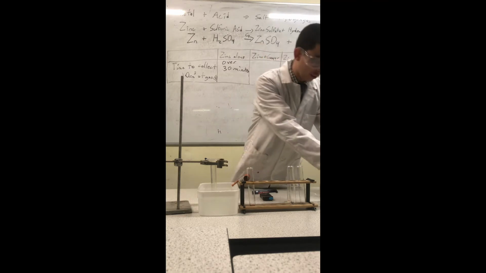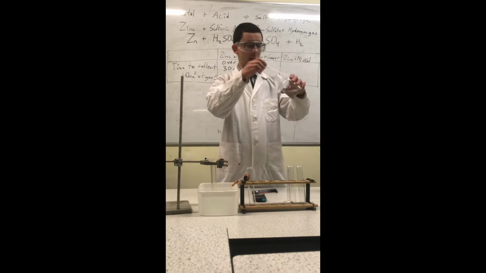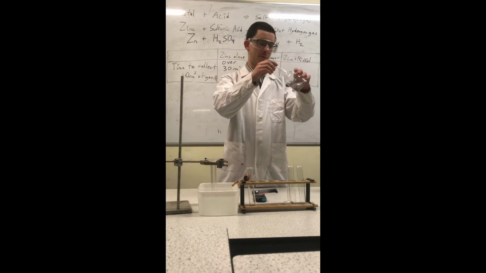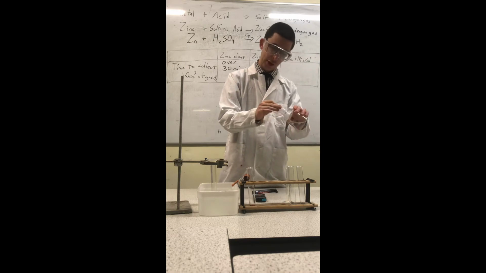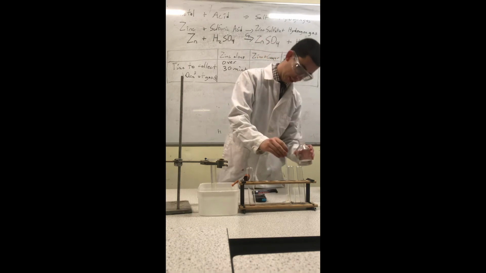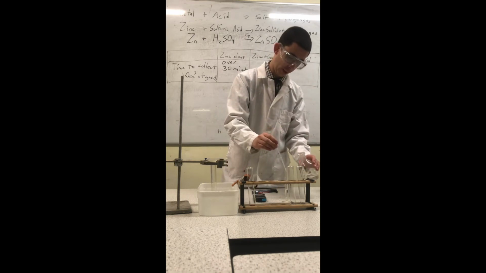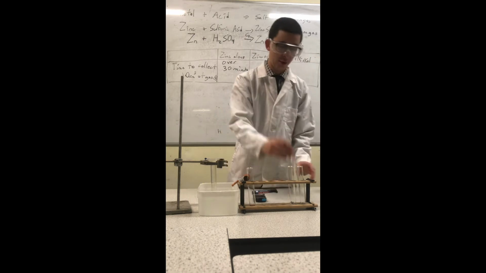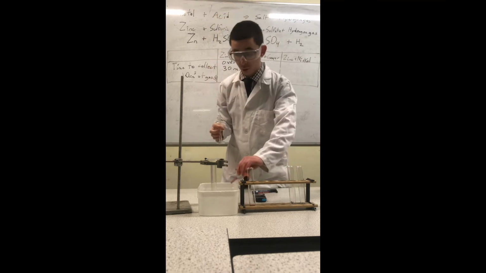Adding one spatula full of copper. Now, once again, I'll measure 1 centimeter cubed of the acid. We always measure liquids and aqueous solutions using a measuring cylinder. I'm using 1 centimeter cubed exactly of sulfuric acid every time as a control variable.